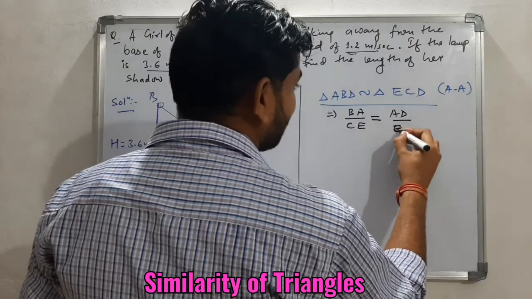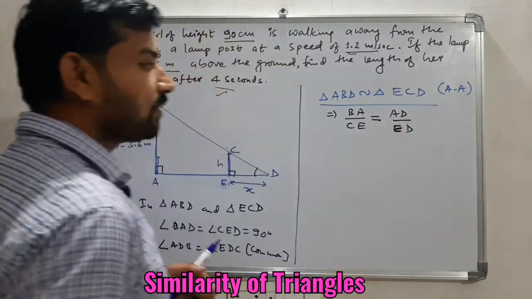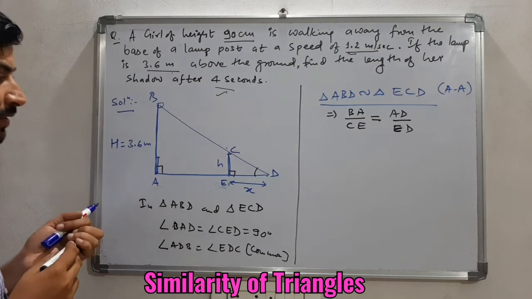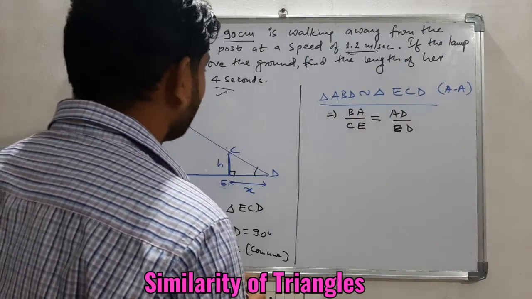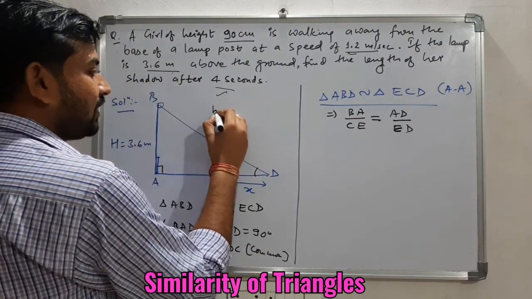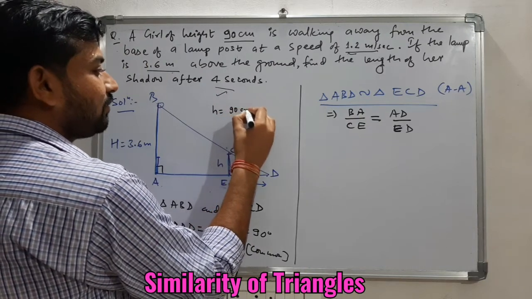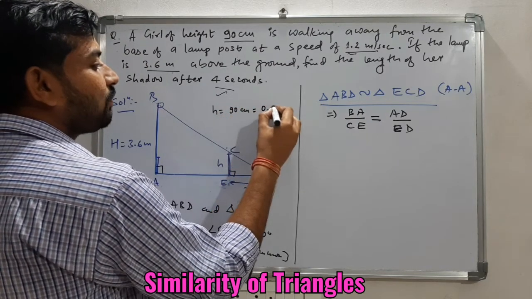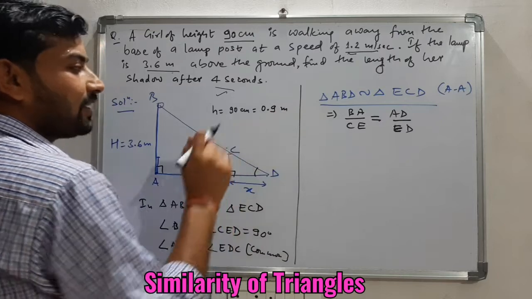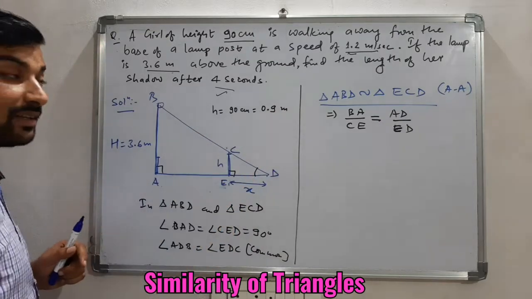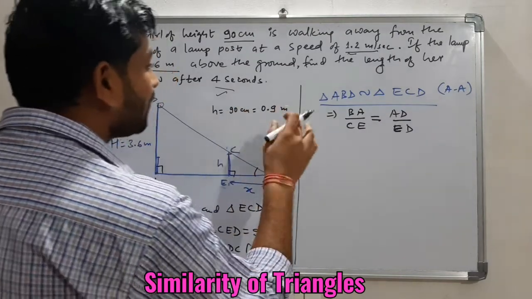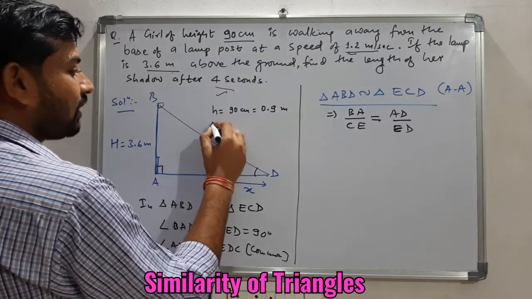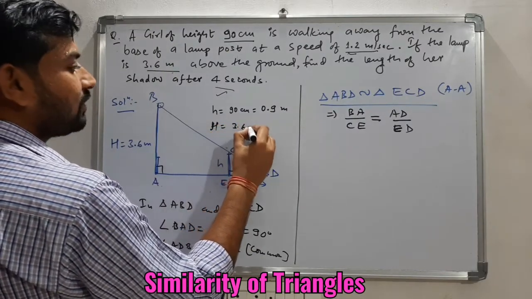Now whatever is known to us, we have to substitute here, and we have to find out the value of x. Now clearly here the value of small h is 90 centimeters, which can be written as 0.9 meters. If we divide it by 100, we will be calculating the value of the height of girl in meters. The capital H here is 3.6 meters.